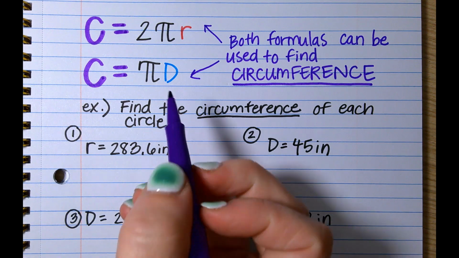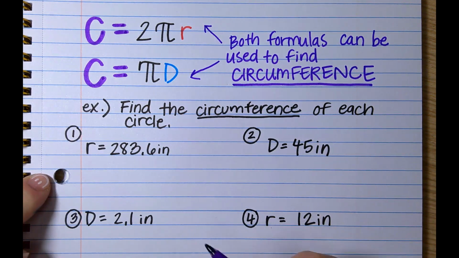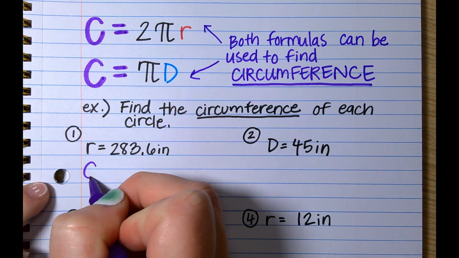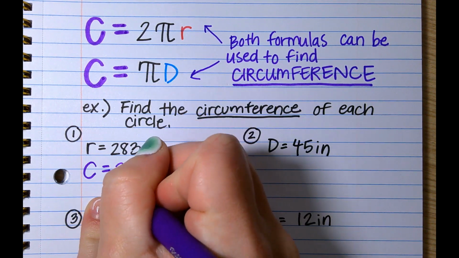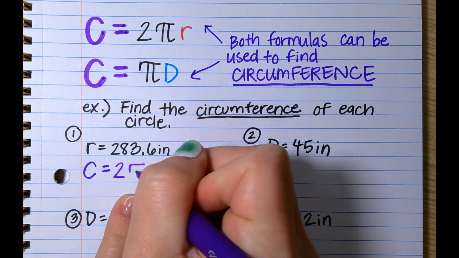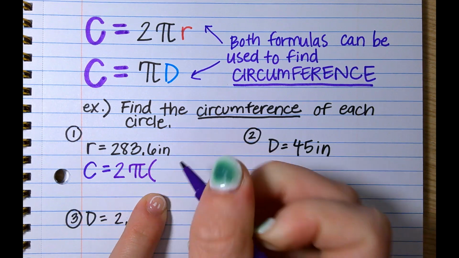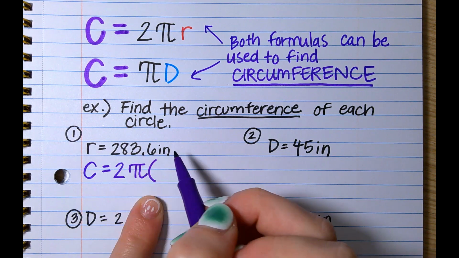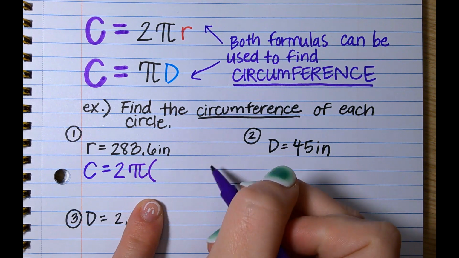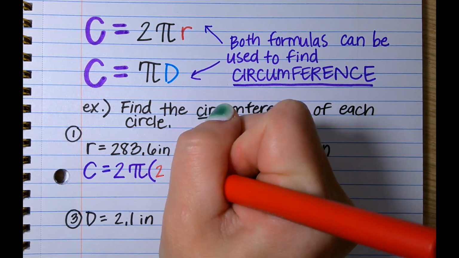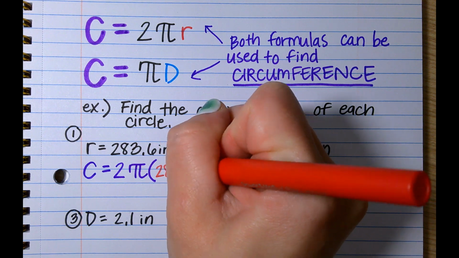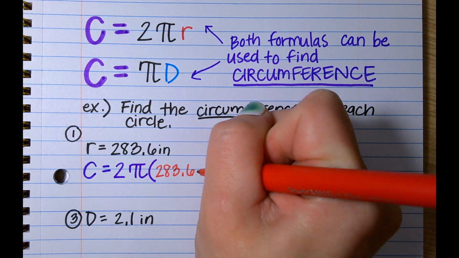So let's just do exactly what we've been doing for area, but with a different formula. C equals 2 pi, and we're going to plug in the number for r. 283.6. And I'm going to use a different color because that's going to help us see what we did later. 283.6.